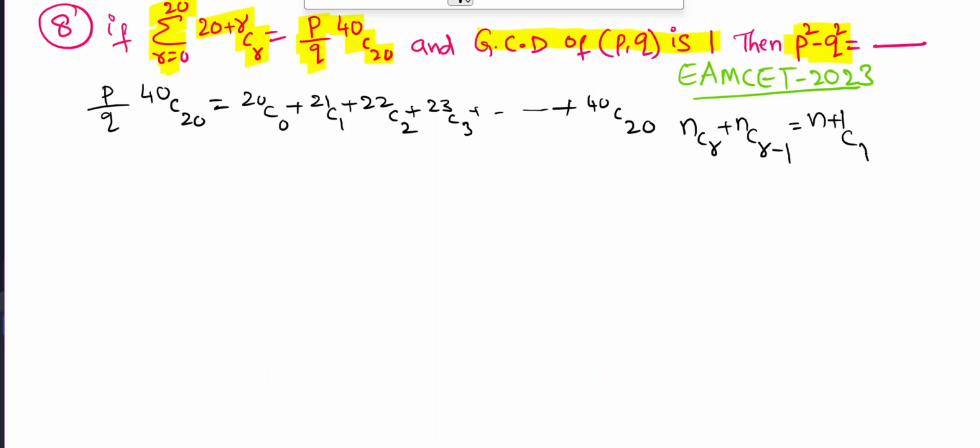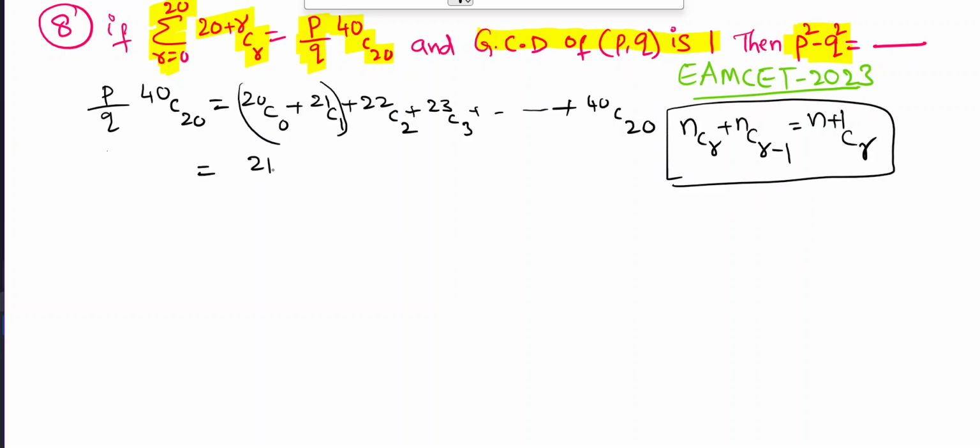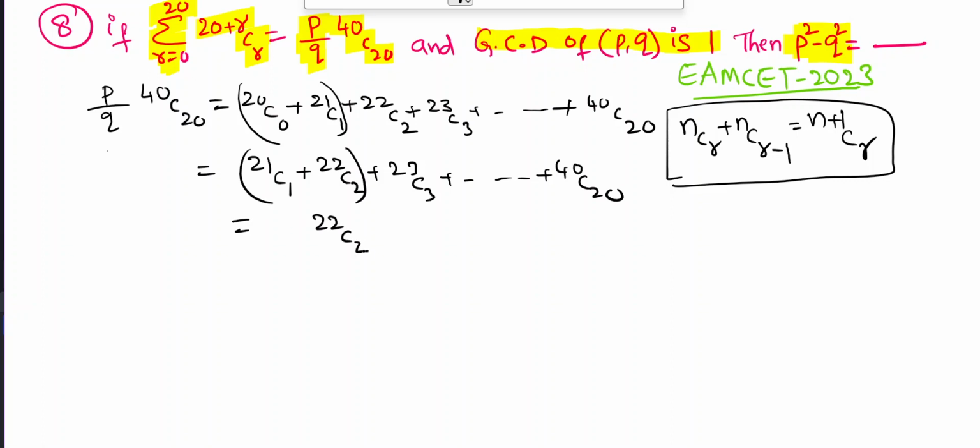nCr plus nC(r minus 1) is equal to (n plus 1)Cr. Applying this formula for the first two terms, this is 20C0 plus 21C1, that is equal to 21C1 plus 22C2 plus 23C3 plus up to 40C20. Applying the formula for the first two terms, 22C2 plus 23C3 plus up to 40C20.